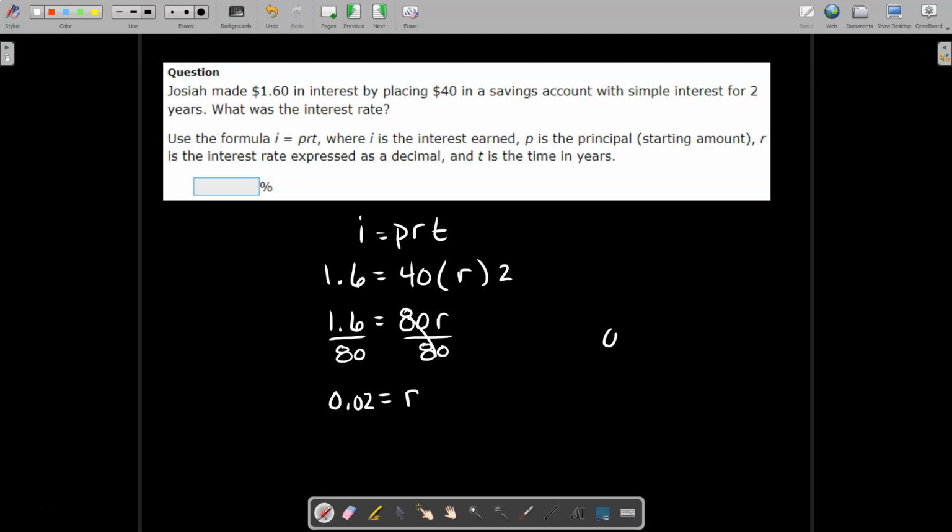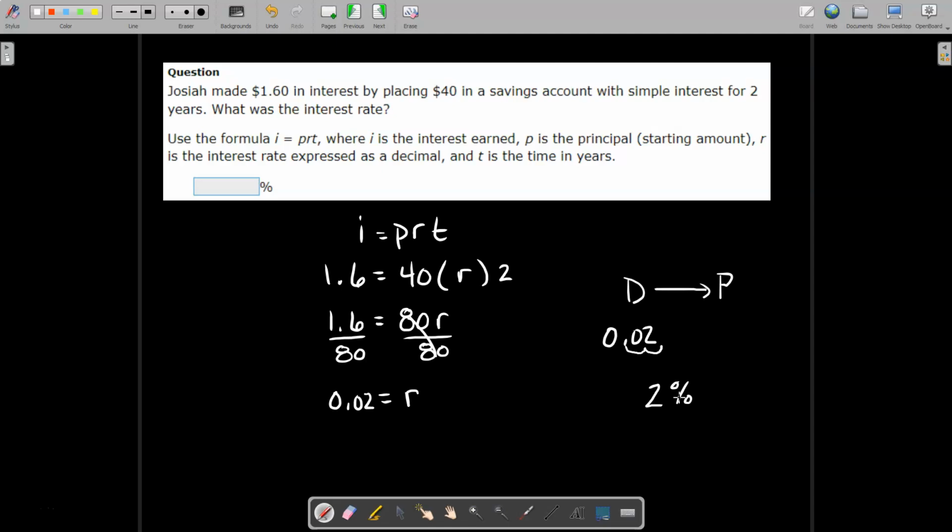So if I have 0.02, and I want to turn a decimal to a percentage, remember, D comes before P to get from decimal to percentage. Alphabetically, we would have to go to the right. So we're going to move our decimal to the right 2 places. Our new number is 2. We're going to throw that percent sign on there.